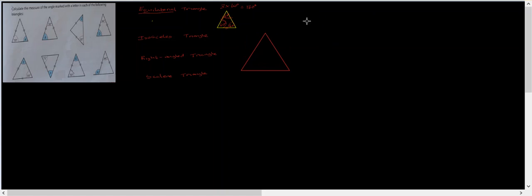What's happening with this one is that the lines are equal. So these 2 lines, the 2 opposite lines, are of equal length, and this angle is equal to this angle. So the two sides are equal in length.